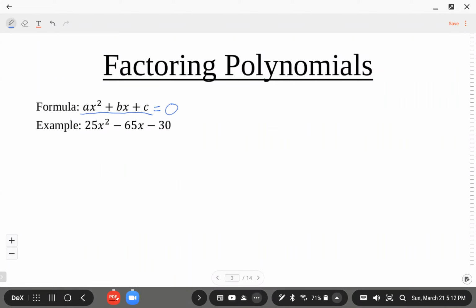We're going to multiply AC. AC is the first step, and AC is going to be 25 times negative 30. Okay, put that in your calculator. Let's see.